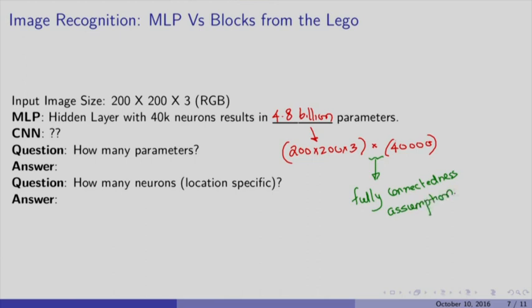The 40,000 is from the hidden layer, and these initial numbers are from the input layer. One can visualize this as follows.